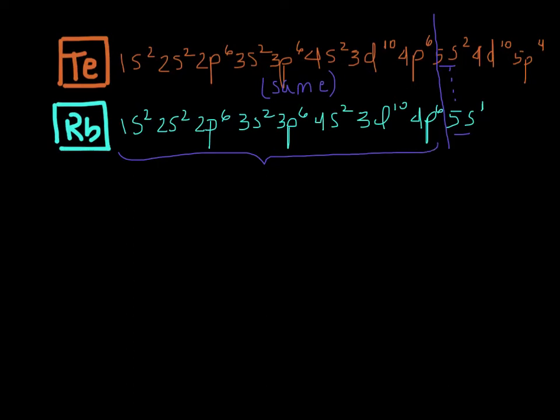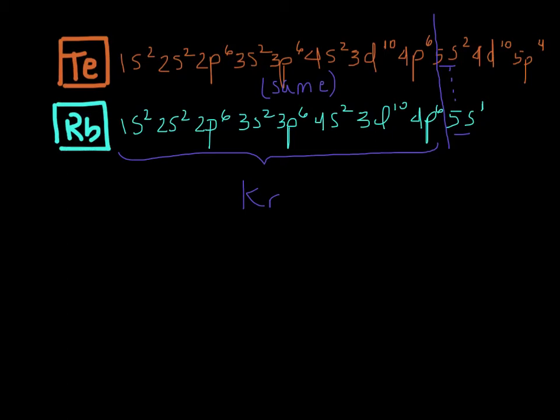Ending in 4p6, looking at my periodic table, this would have to be a noble gas with a full shell. If I backtrack and look at my prior noble gas, group 18 element, this is exactly like krypton, isn't it? Element number 36. I have 10, 20, 30, 36 electrons. That makes a lot of sense.